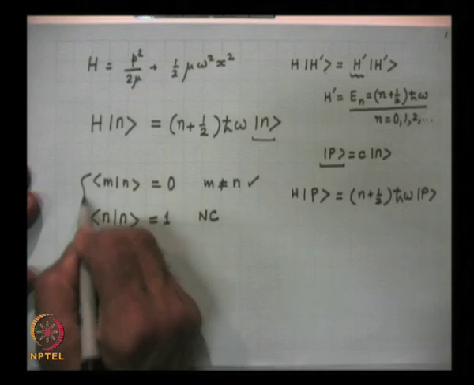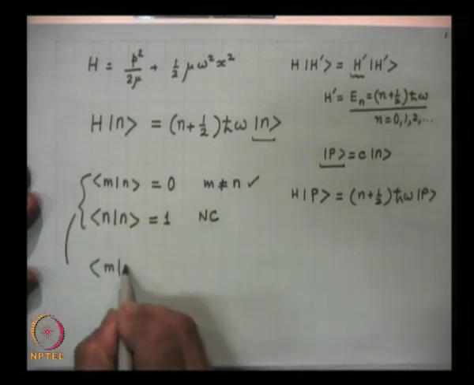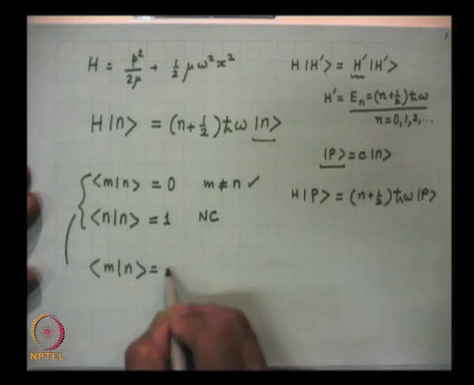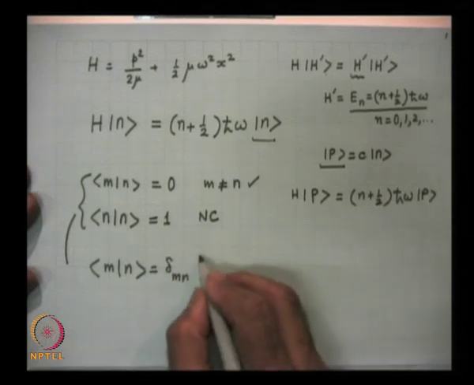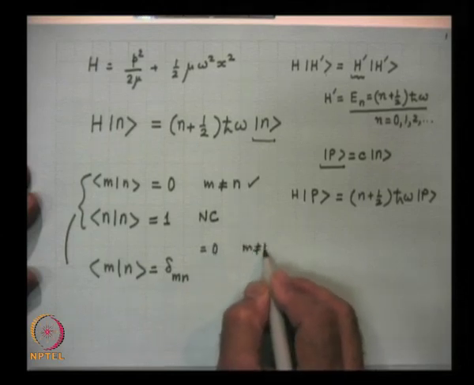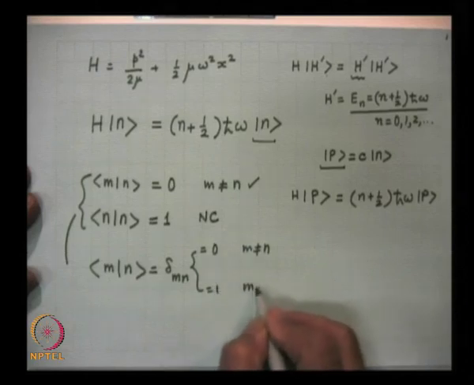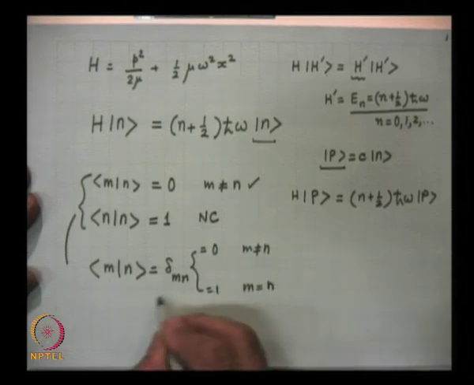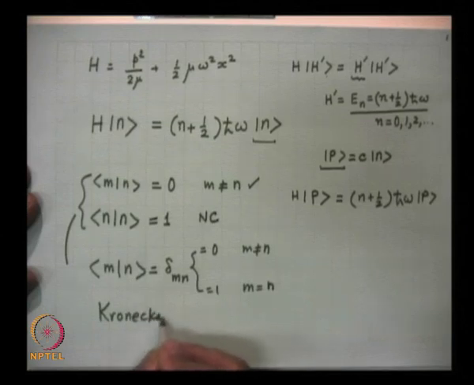We can combine these two and write bra m ket n is equal to delta m n, which is the Kronecker delta symbol, which is 0 if m is not equal to n and is equal to 1 if m is equal to n. So, this is known as the Kronecker delta function.